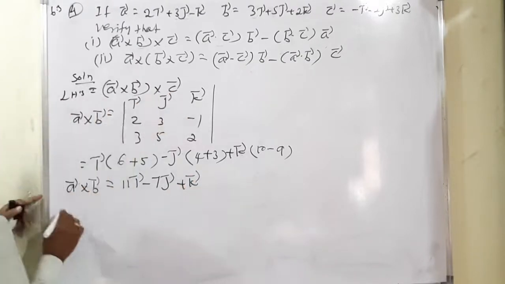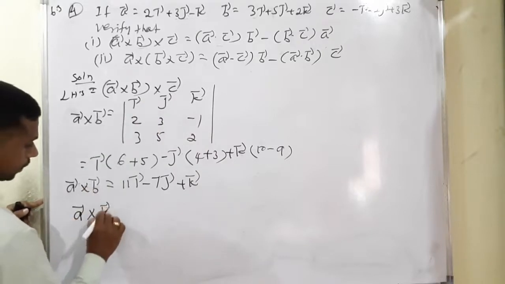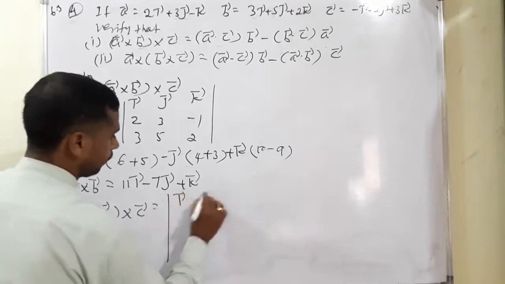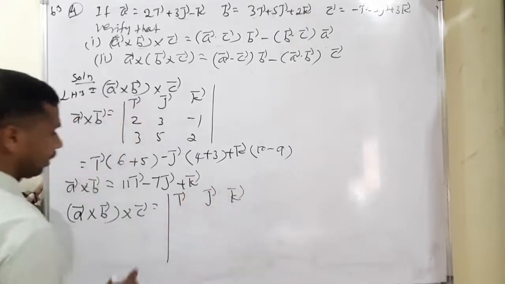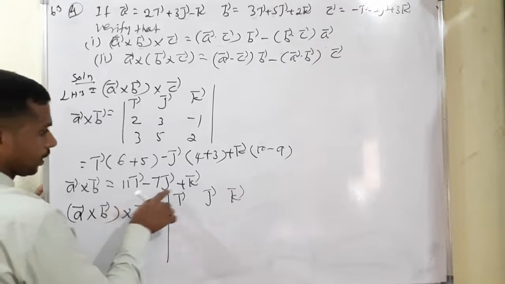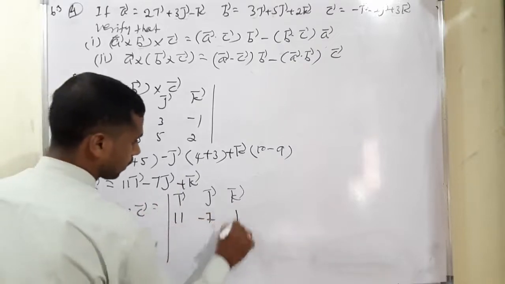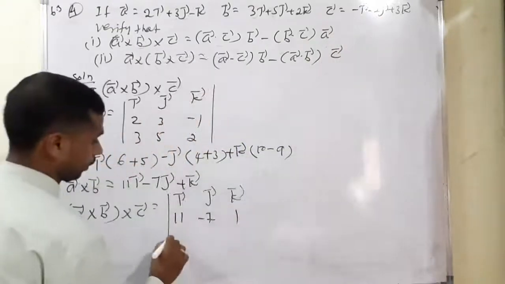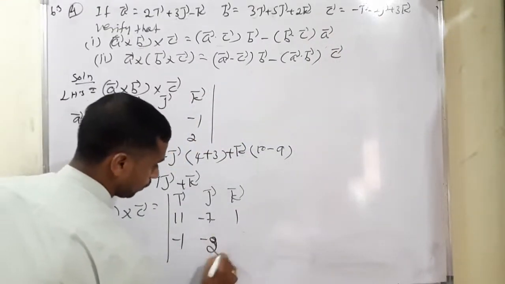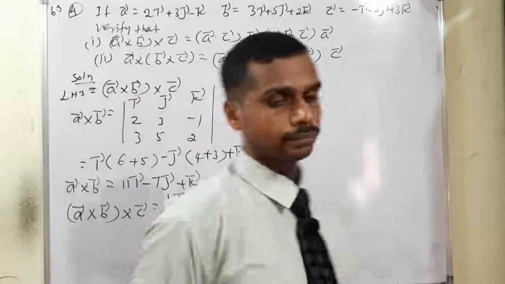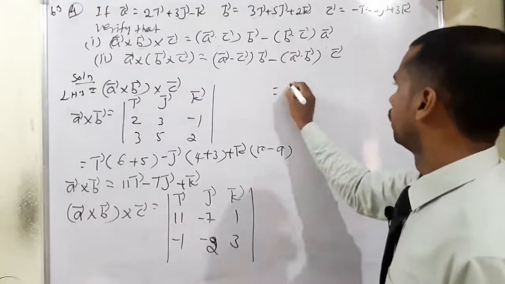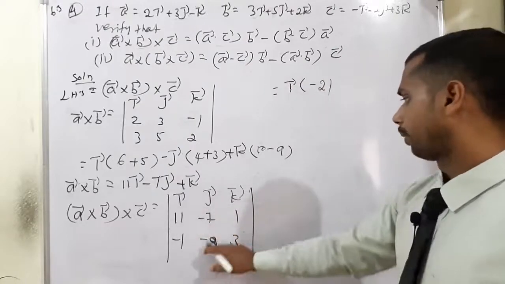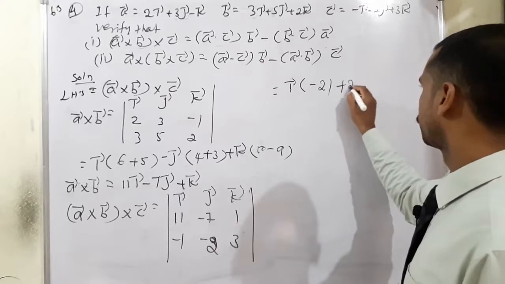Then cross c vector. So a vector cross b cross c vector is equal to, again, the determinant of i vector, j vector, k vector. A cross b: 11, minus 7, positive 1. C vector means minus 1, minus 2, positive 3. Now we can simplify. I vector: minus 7 into 3 is minus 21, minus 2 into 1 is minus 2, but positive 2.